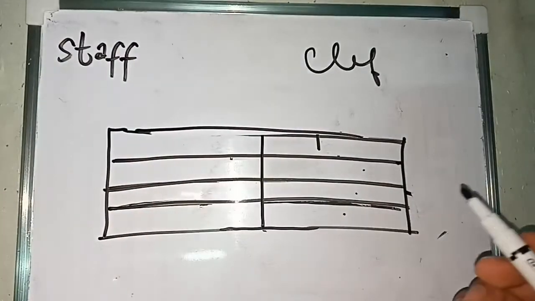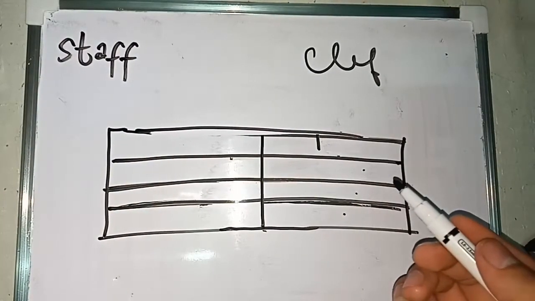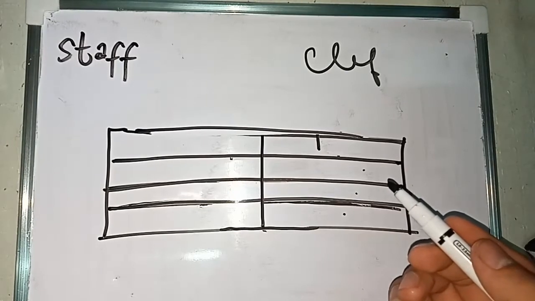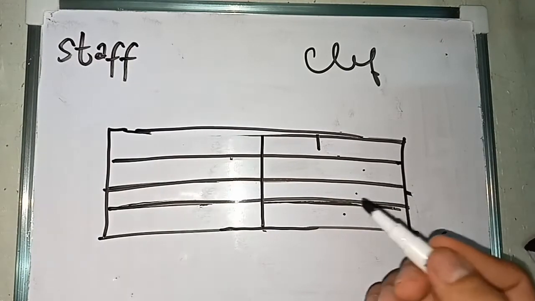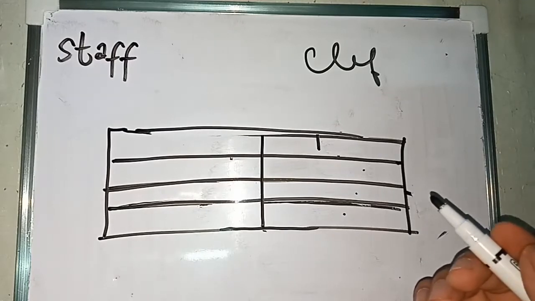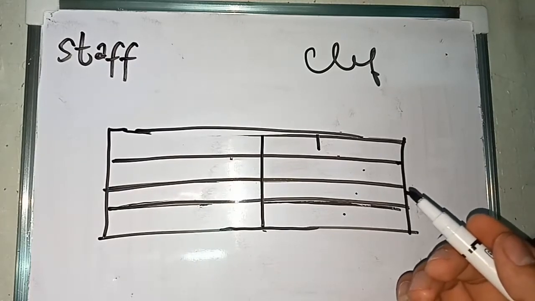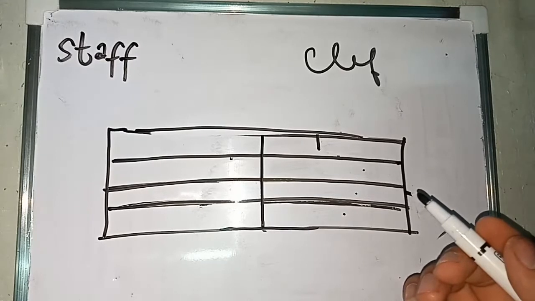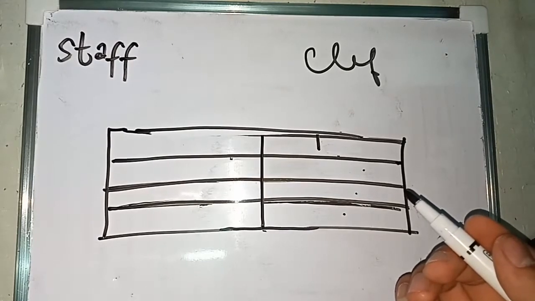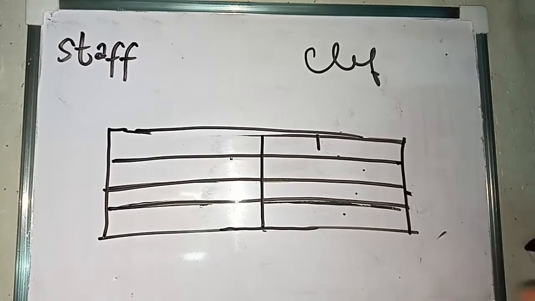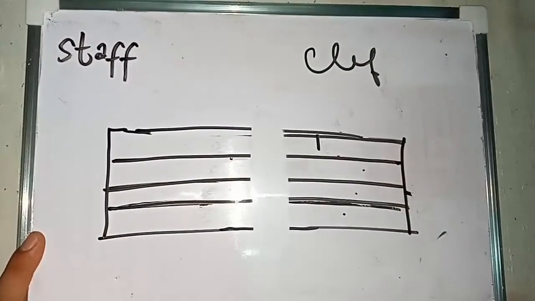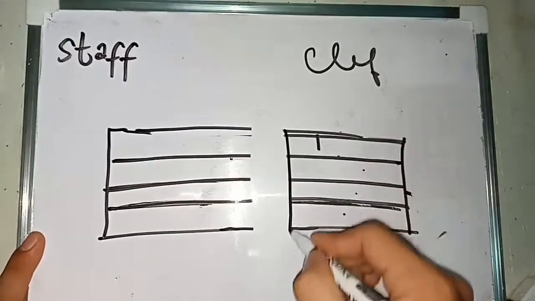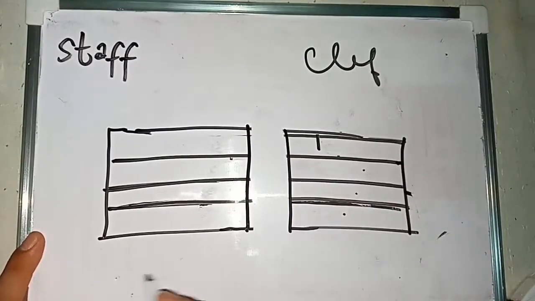A clef is a musical symbol placed at the beginning of the line of music to indicate the exact location of a particular note or pitch on the staff. There are several kinds of clefs used in notation. Here are two of the most common clef signs used in music writing and reading. We will focus only on the two clefs which are commonly indicated in a musical score.